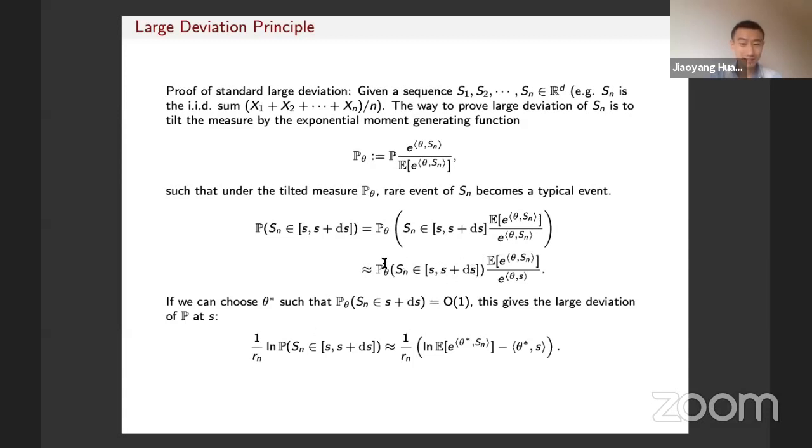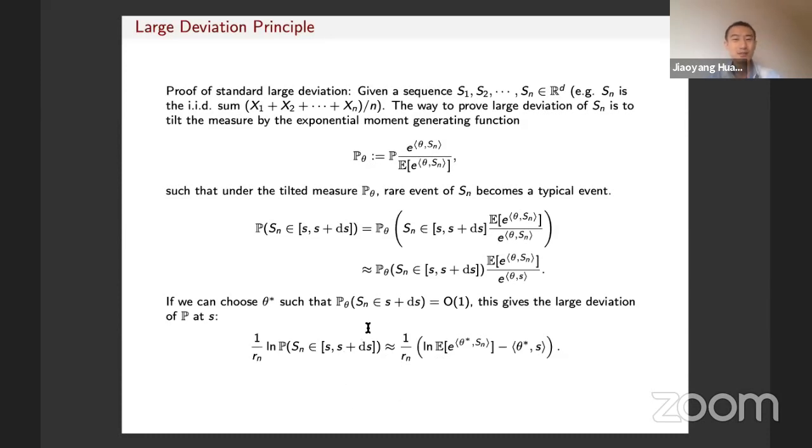Then the first term, after taking log and dividing by Rn, goes to 0 as n goes to infinity. So what's remaining is just the log of the expectation of the moment generating function, subtract the inner product of theta star with S. Then we get a large deviation at S.